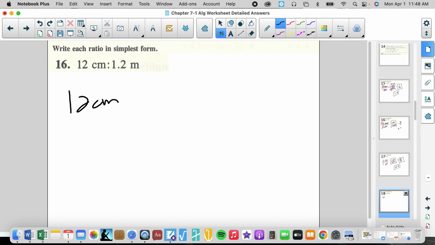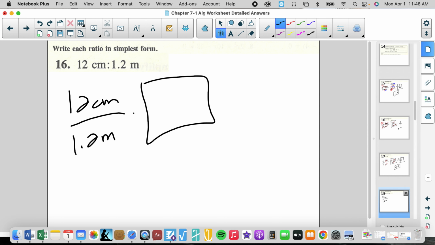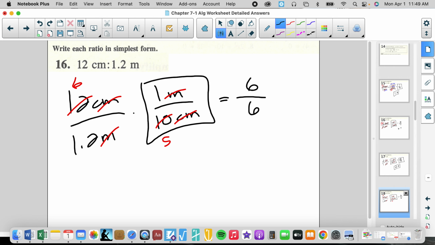12 centimeters to 1.2 meters. So I'm going to do a conversion box. 1 meter is equivalent to 10 centimeters. Meters cancel, centimeters cancel. 10 becomes 5, 12 becomes 6. What should I have done? Now we get 6 over 6?